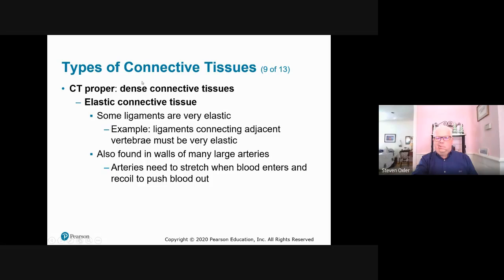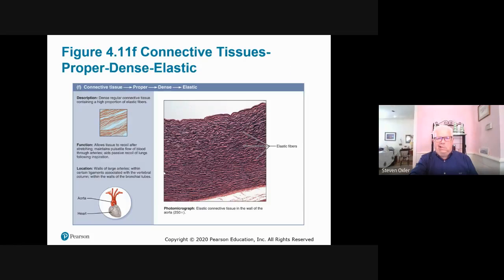Elastic connective tissue is basically found in ligaments in your body. Basically found in the walls of arteries, because arteries need to stretch when blood enters, and they need to recoil back into the original position when blood is out of the arteries. Okay, elastic connective tissue.